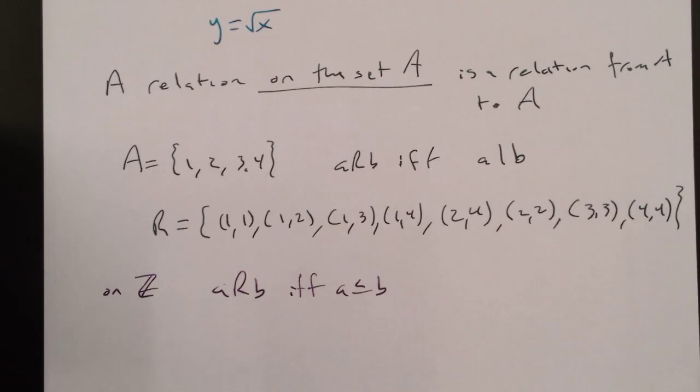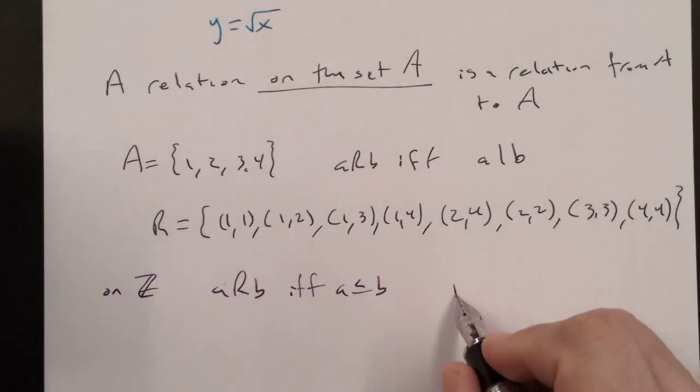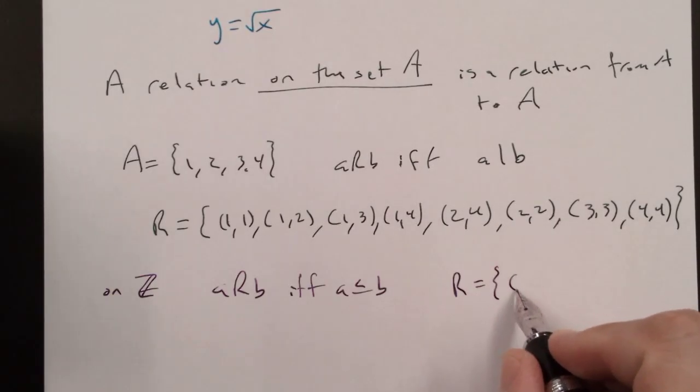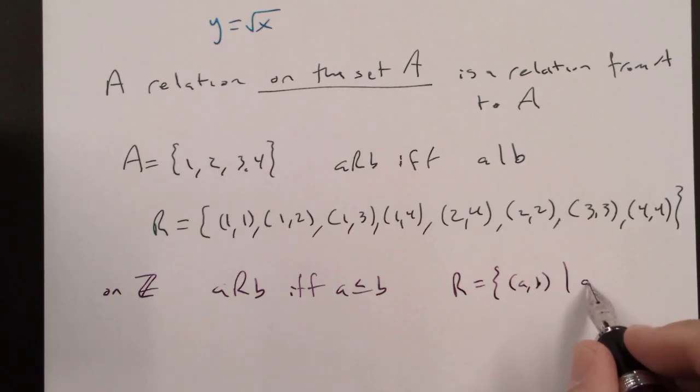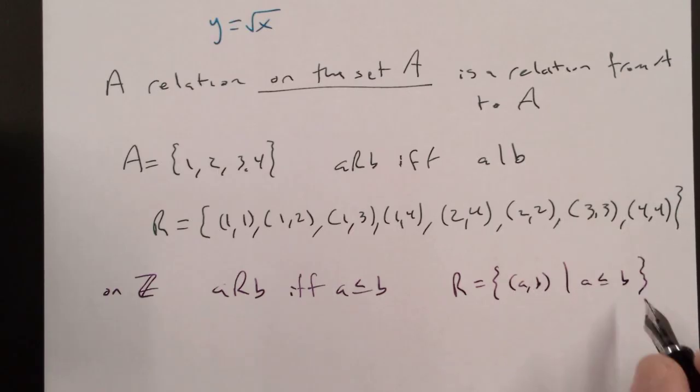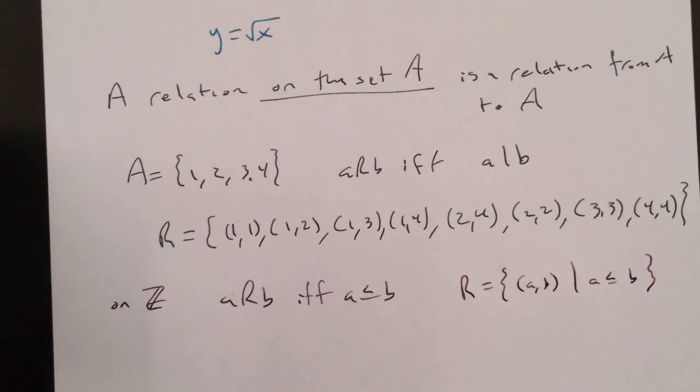Because this is going to be the set of all ordered pairs, right? So what if I replace A and B with the letters X and Y?